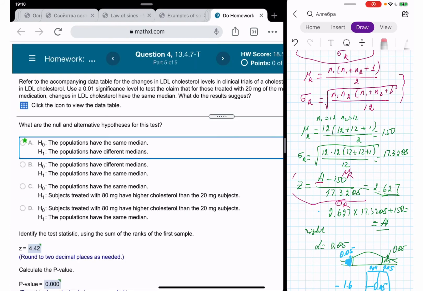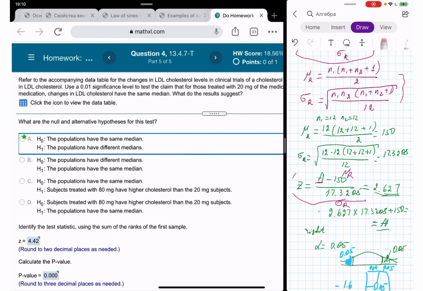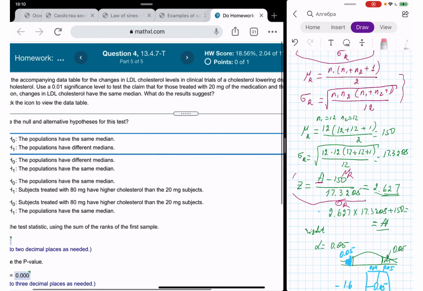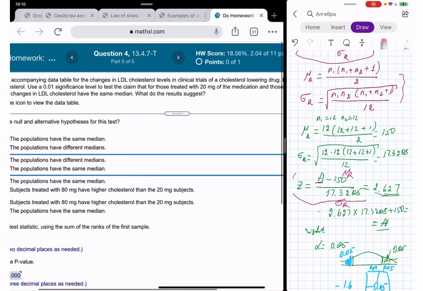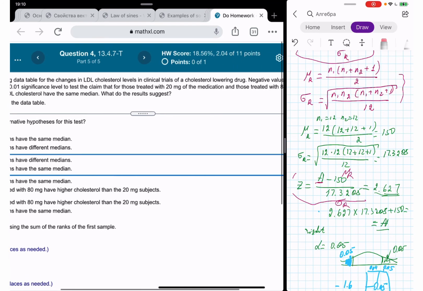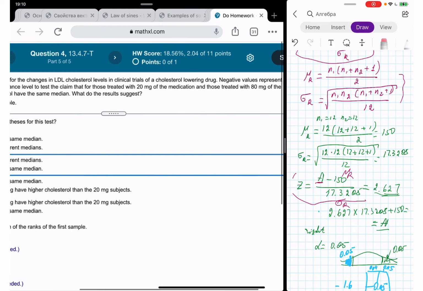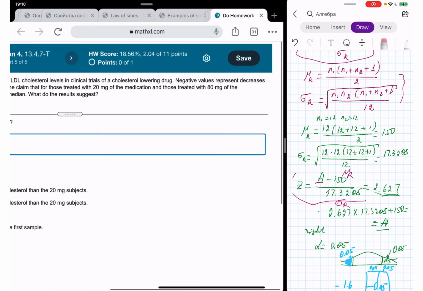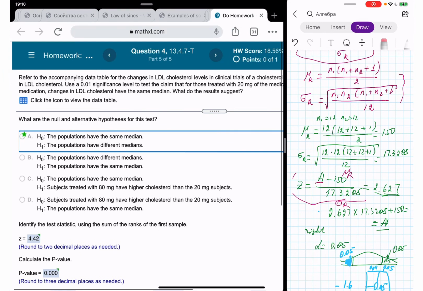So question number 4, refer to the accompanying data table for the changes in LDL cholesterol level in clinical trials of a cholesterol lowering drug. Negative values represent a decrease in LDL cholesterol.